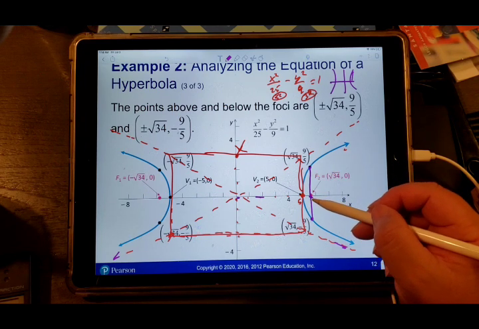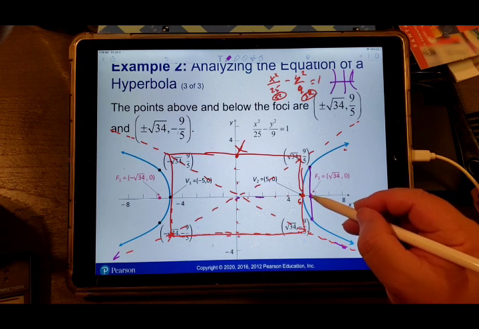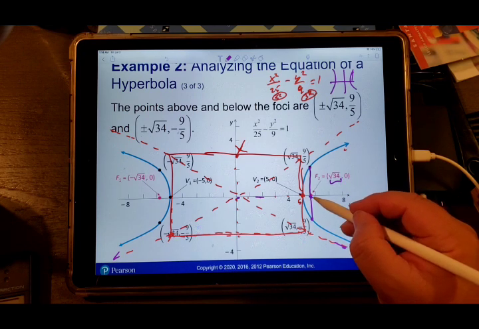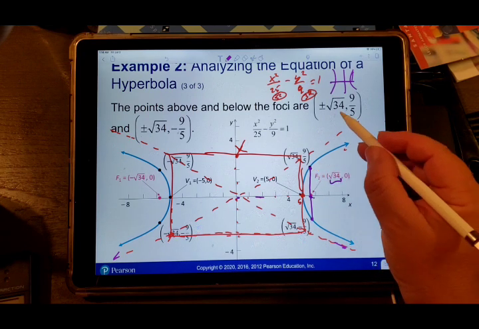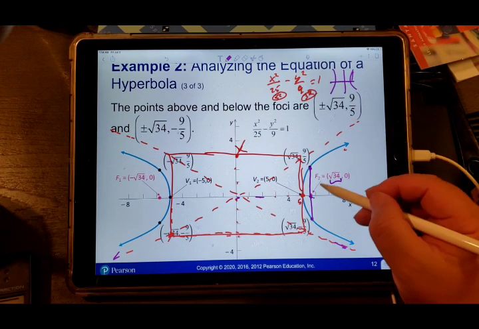The latus rectum isn't as helpful here as it was for the parabola in section 7.2. All right. But clearly the idea in the author's head is, hey, let's plug in root 34 and see what happens. And the author said, if you put in square root of 34, you get 9/5.